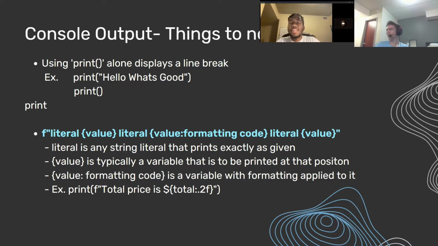So F literal is one way to format output to the console. I don't remember if it formats to standard output, which I'll talk about in a second. But we were actually going to focus more on using the format method in this example.